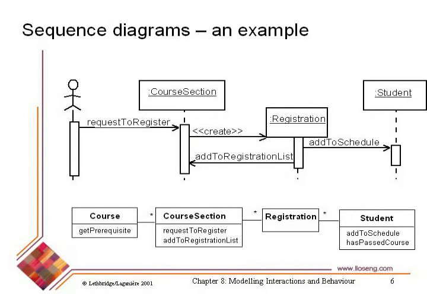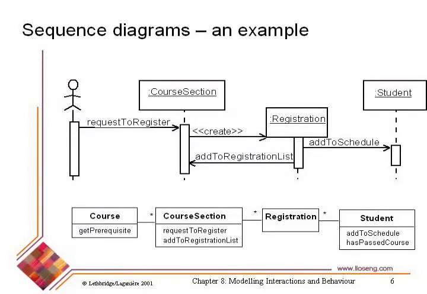Okay, so we have a class diagram developed, and we want to work out one of the interactions, or what happens effectively when an actor is going to interact with the system to create a registration and add it to the schedule. So this sequence diagram is showing the method calls that occur.